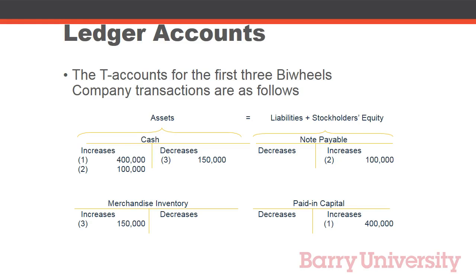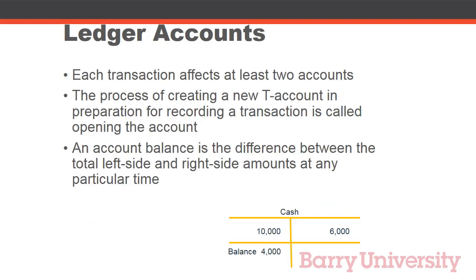As a quick reminder, assets always need to equal liabilities plus stockholders' equity, and left-hand entries, debits, always need to equal right-hand entries, credits. That is the basic accounting model. Assets equal liabilities plus stockholders' equity; debits, left-hand entries, equal right-hand entries, credits. Each transaction affects at least 2 accounts.